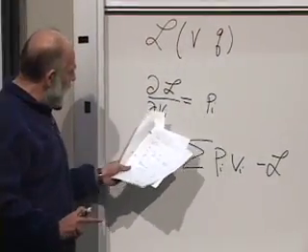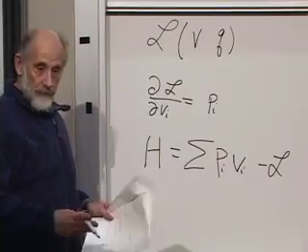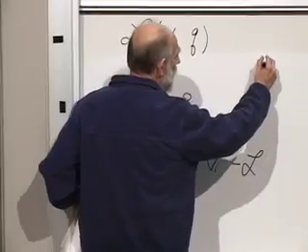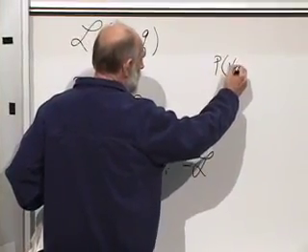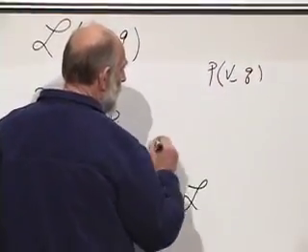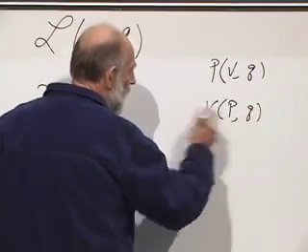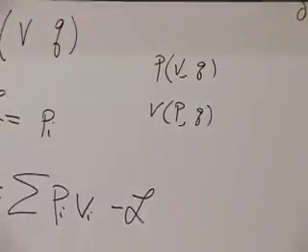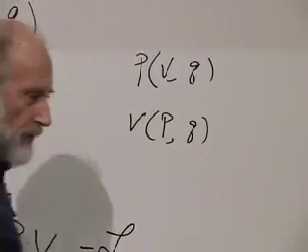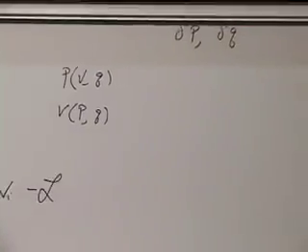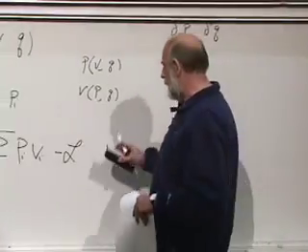Now, the relationship between the P's and the V's is such that P is a function not just of V, but also the Q's. And V is a function of the P's and the Q's. But you can simply think of the Q's as being parameters at this point, which, as I said, go along for the ride for the moment.